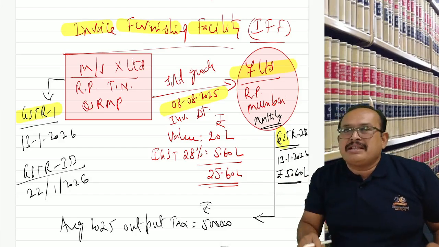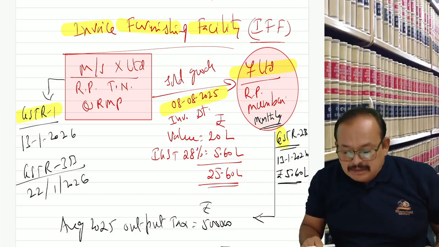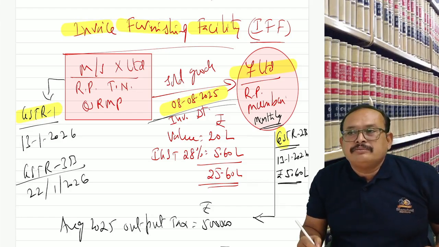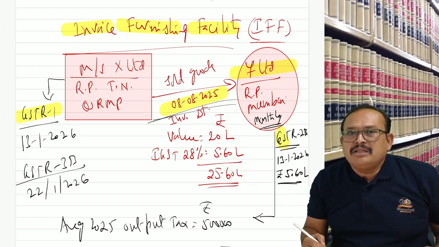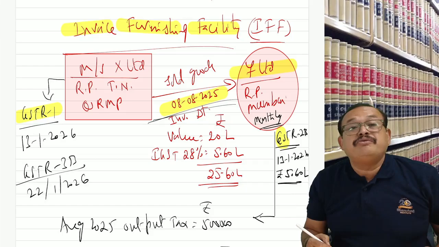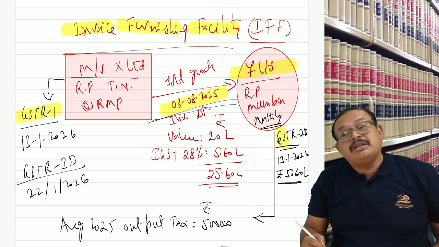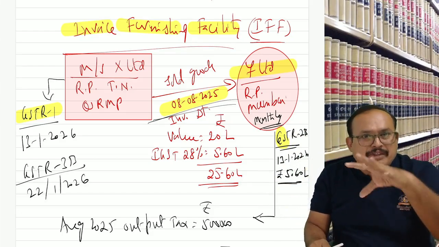Then the question is, how much more? 30 lakhs in the month of August, you have the facility to upload. 50 lakhs of rupees worth of invoices can be uploaded every month, for the first 2 months of the quarter.